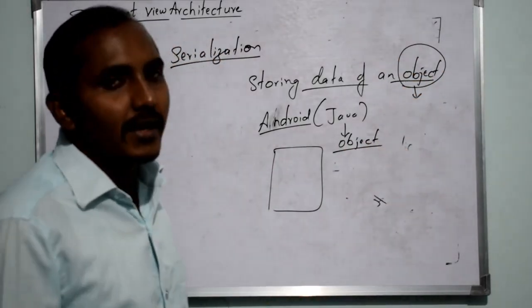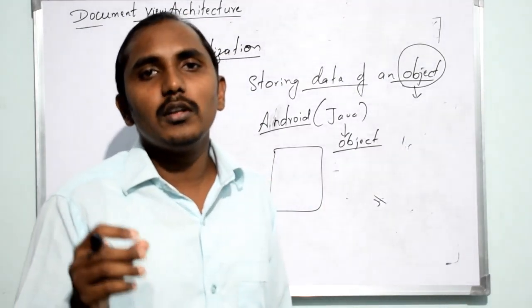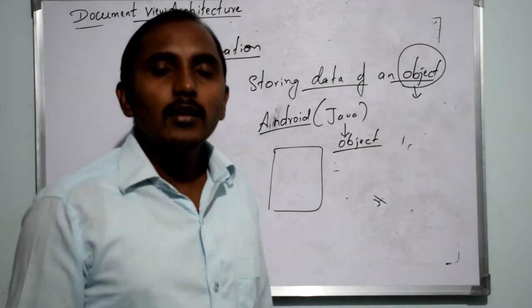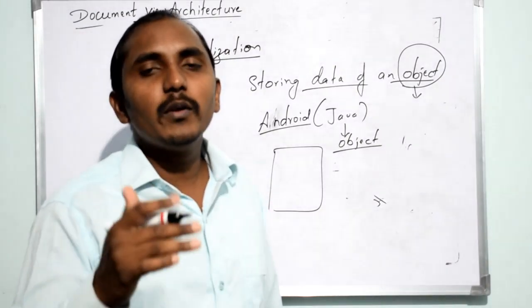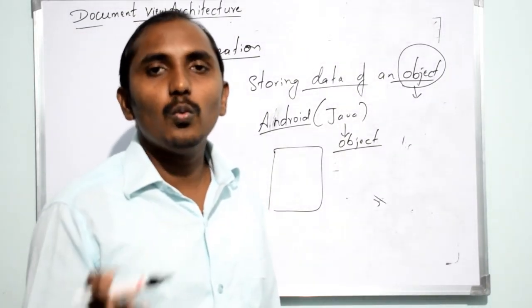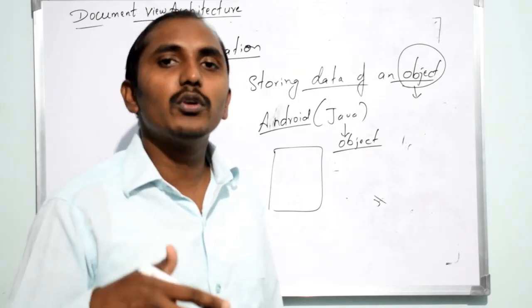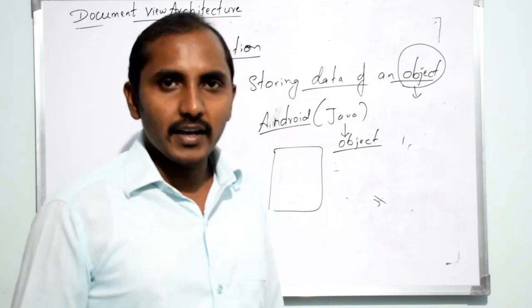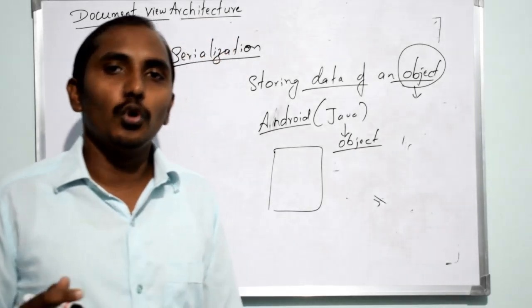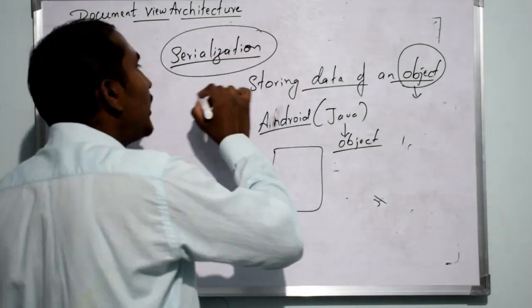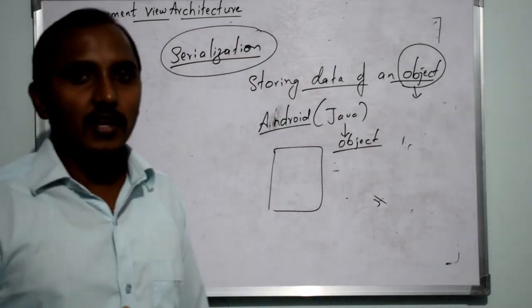The information about how you are playing is stored in objects. Whenever you switch between one app and another, or go to the home menu and come back to play the game again, that information should be stored. That process of storing the data of an object is called serialization.